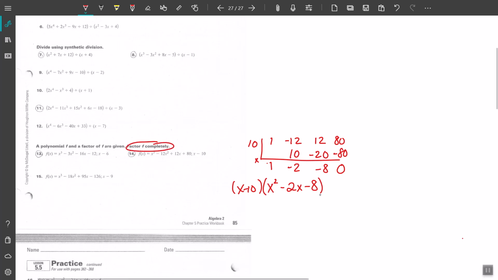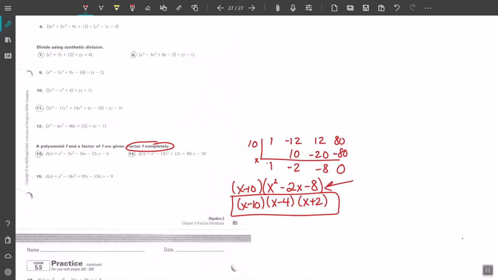So I'm going to look here and see, are there factors of -8 that when I add them together give me -2? The answer is yes. -4 and +2. So I'm going to write those two out. Okay, and then add in the factor we started off with. This in the box is factored completely. This is correct, but we have to follow the directions to factor completely to get the final answer.